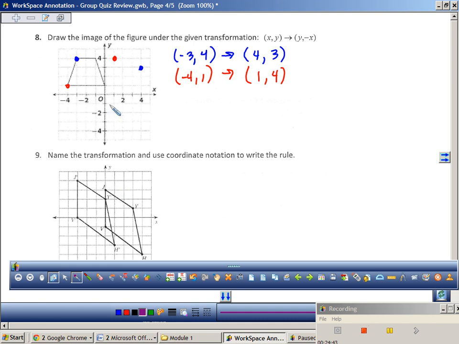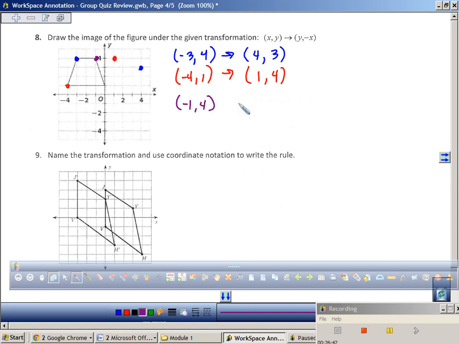And purple? This one next. Okay, so we changed our color to purple, and so let's do this one. -1, 4. So, apply the transformation. What's the first coordinate going to be? 4, comma, 1.